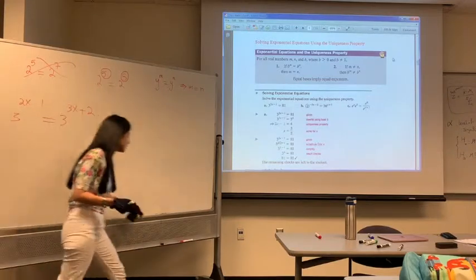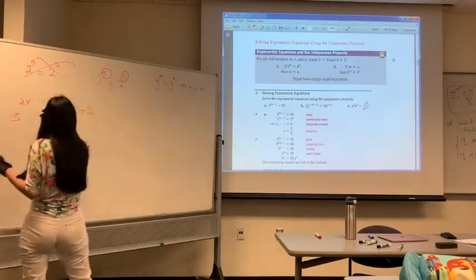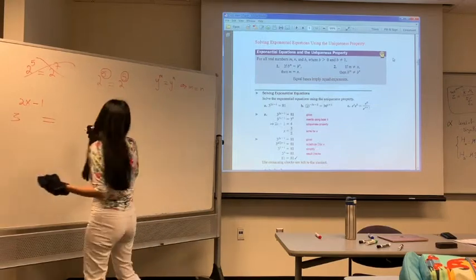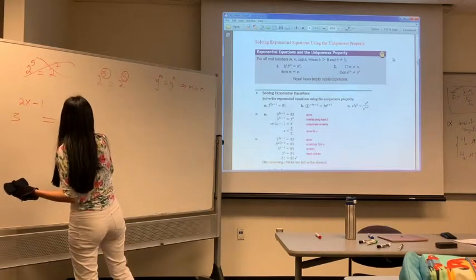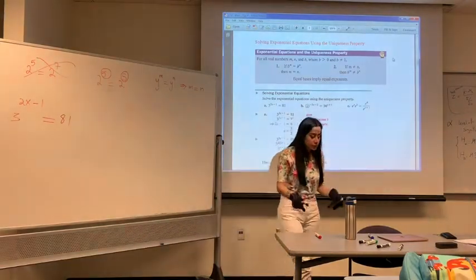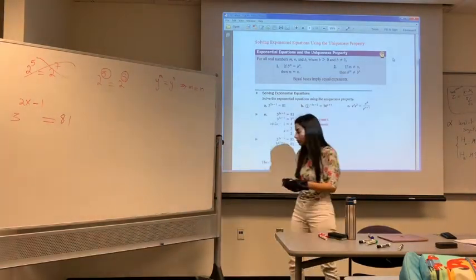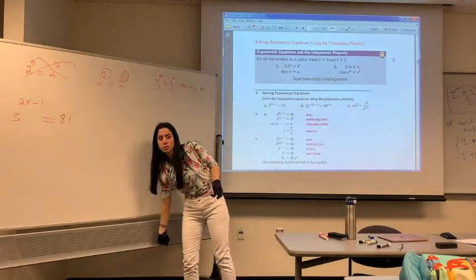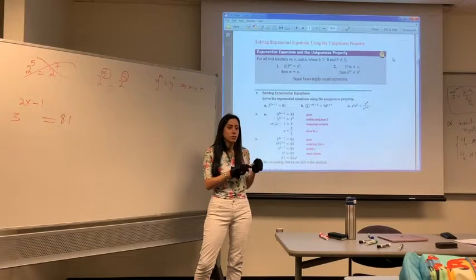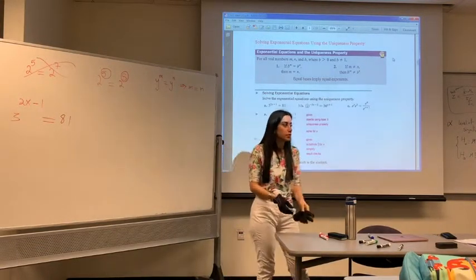Okay, let's solve this. Okay, we want to use the same rule. How can we use the same rule now? The rule says bases are the same, powers are different, but we know for sure power should be the same, right?